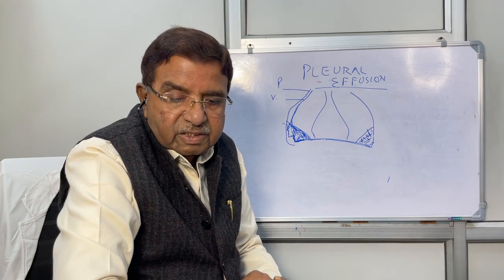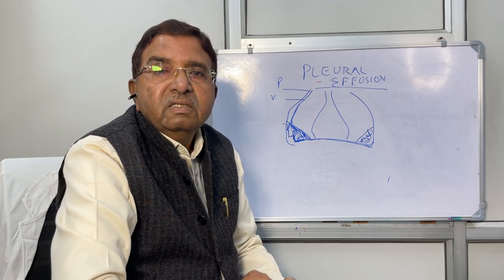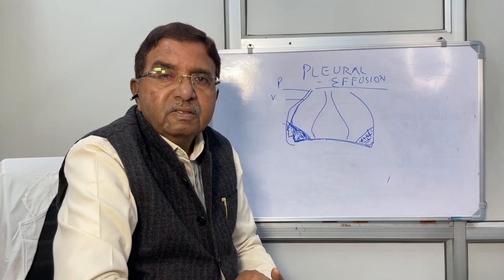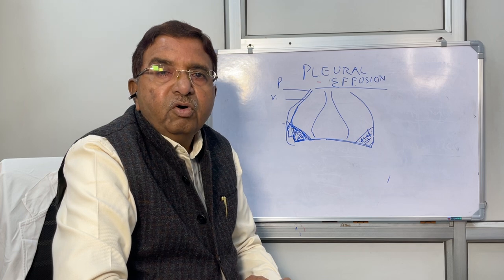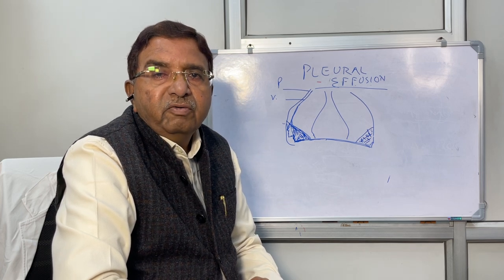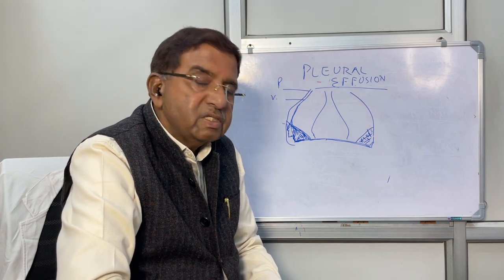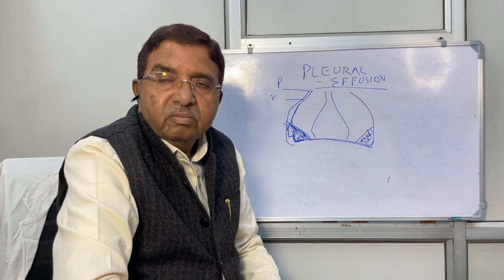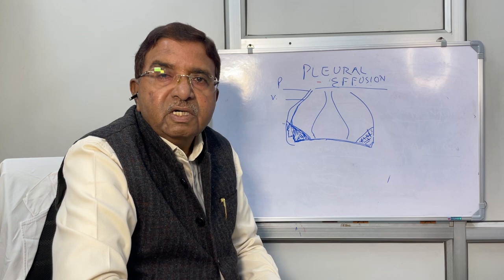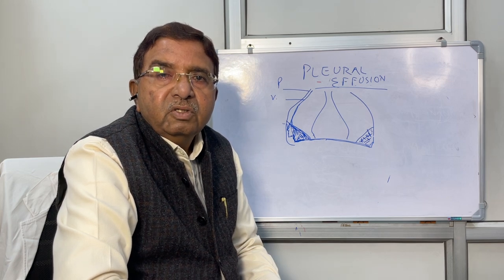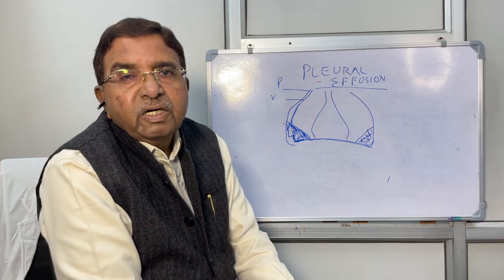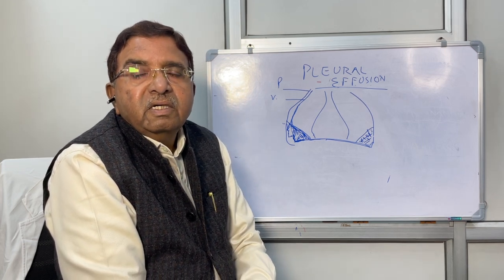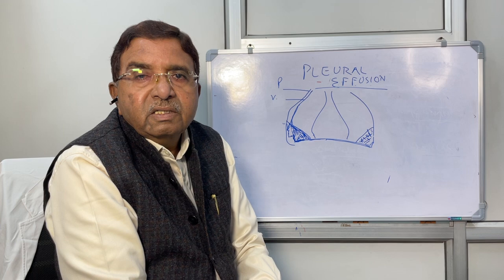Then the third investigation is diagnostic aspiration and testing of the fluid, to find out whether it is transudate or exudate, and the various other microscopic tests required in exudative fluid, like AFB stain, gram staining, culture, etc.